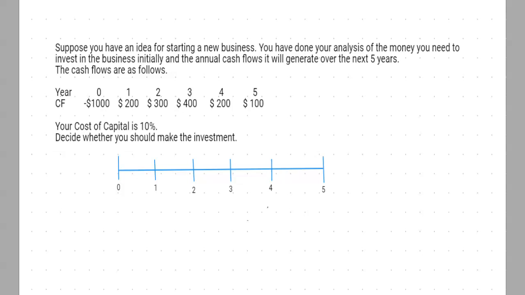You need to decide whether you should do the investment or not. If you draw a timeline, the cash flow at year zero is minus 1000. Cash flow at year one is $200.